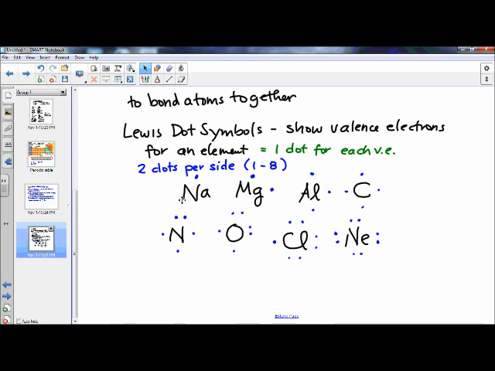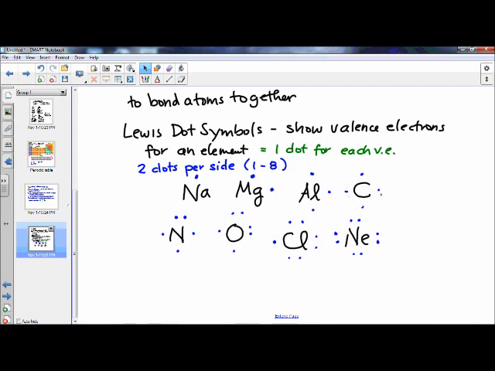I would just write a different symbol. So if I wanted to do potassium instead of sodium, it still would be K with 1 dot, because the alkali metals have 1 valence electron. For the carbon family, if I chose silicon instead of carbon, it would be Si with 1, 2, 3, 4 dots.